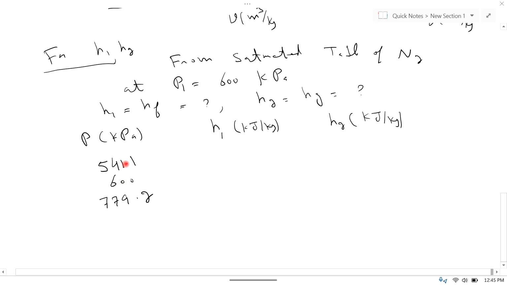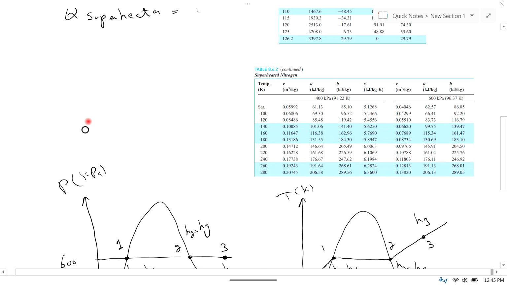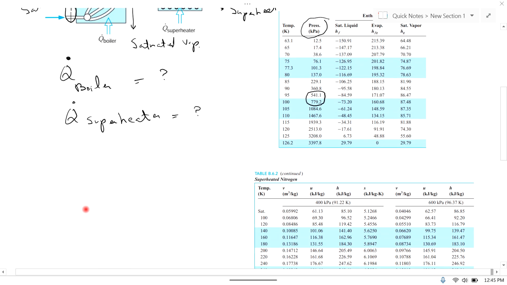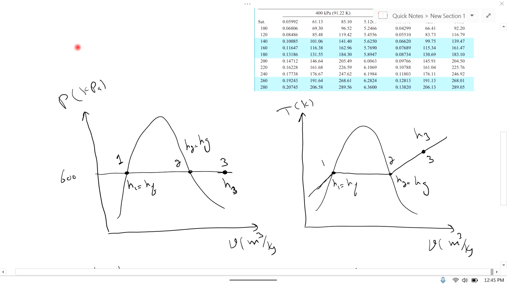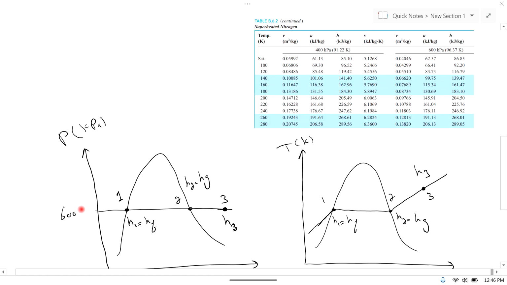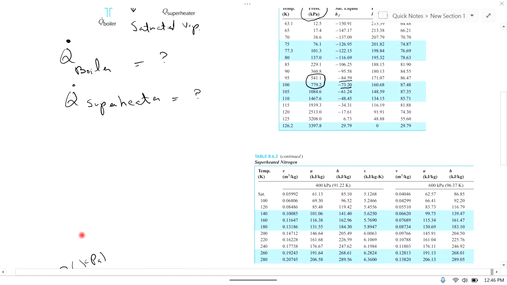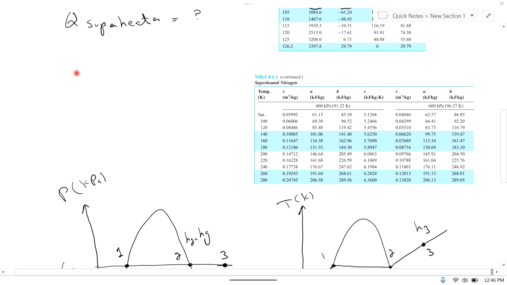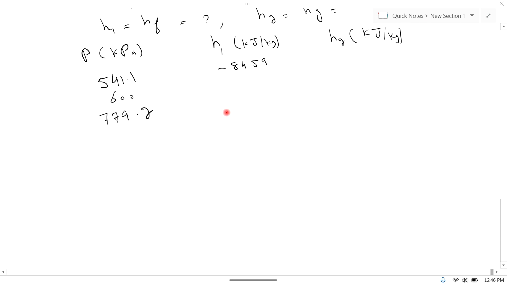In front of 541.1, Hf is equal to minus 84.59, and in front of 779.2, it is minus 73.20, and we have to find H1 at 600.